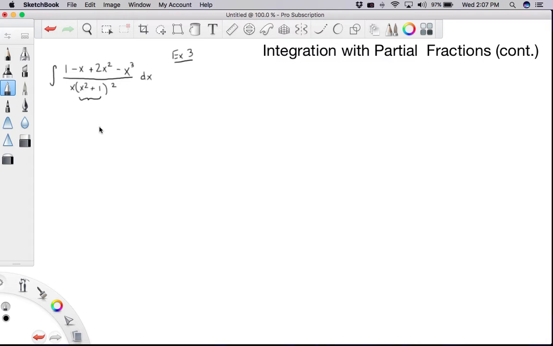So we can't reduce this x squared to the product of two linear factors like we would hope. So I'm going to talk about what happens in this scenario. So the first thing that we're going to do is try and decompose this fraction.